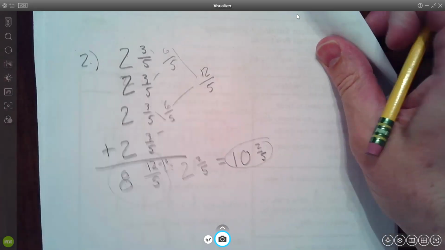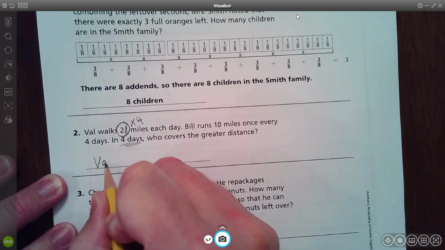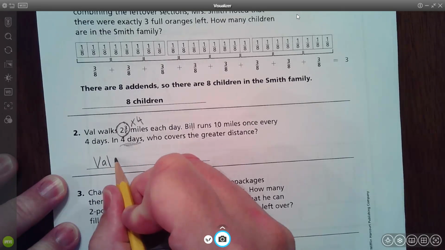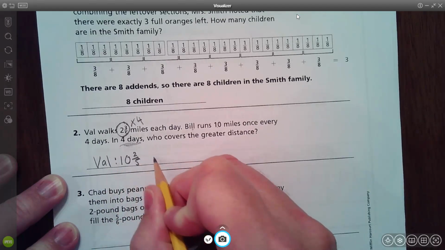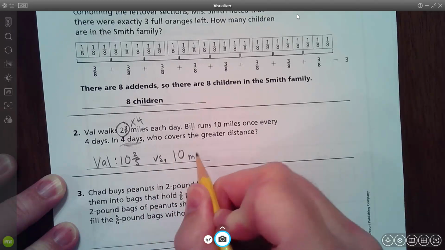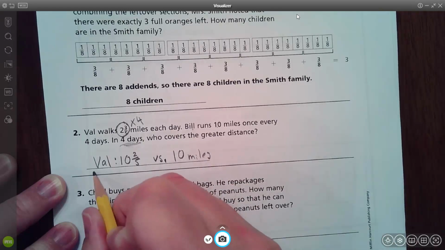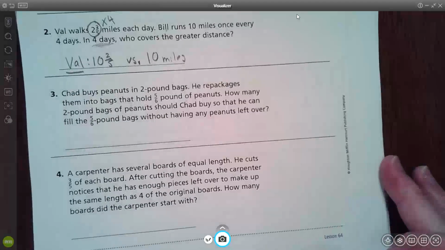So Val is our champion. 10 2/5 versus 10 miles. Val's the winner. 2 more to go on this one.